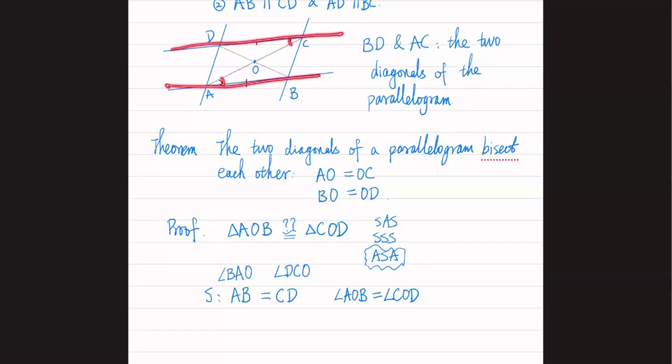These two lines with the transversal. Two lines are parallel, so the alternate angles have the same measure. Okay, so this is because AB is parallel to CD.